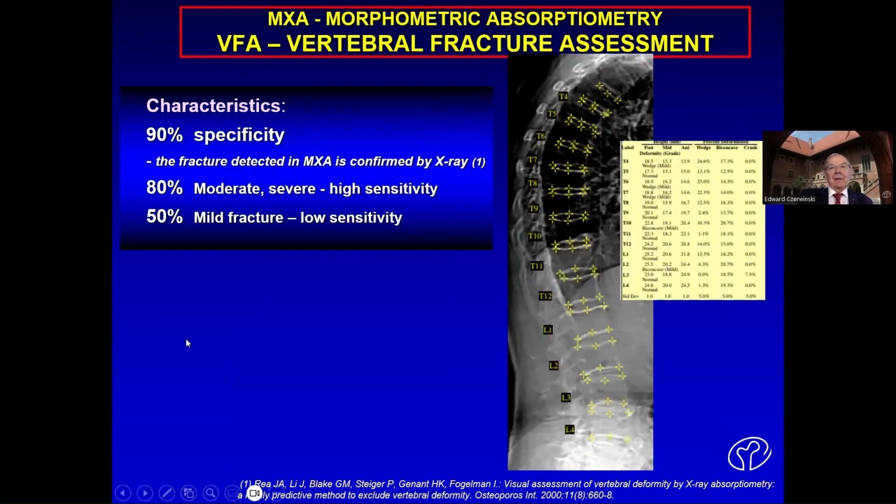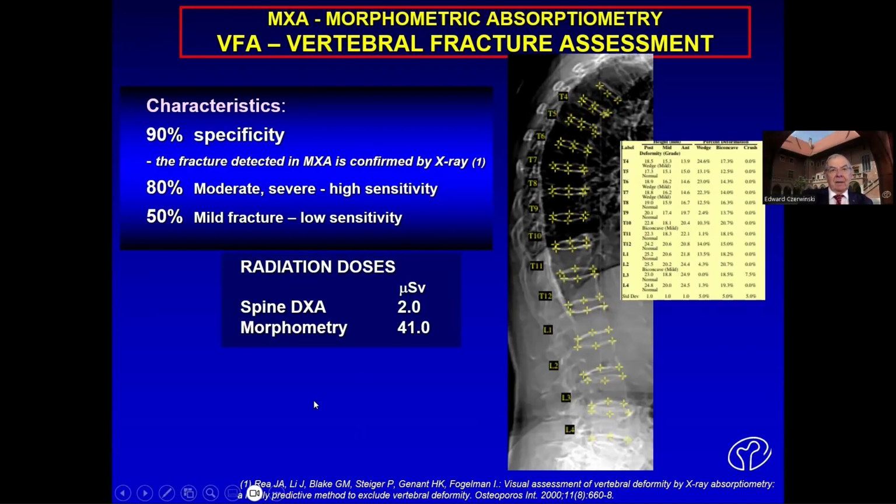Okay, this method is, I would say, excellent. It should be done in every case. However, specificity for mild fracture is not very good. Moderate is super, and for severe it is perfect, because the image is not as good as on X-ray, but we are saving radiation.